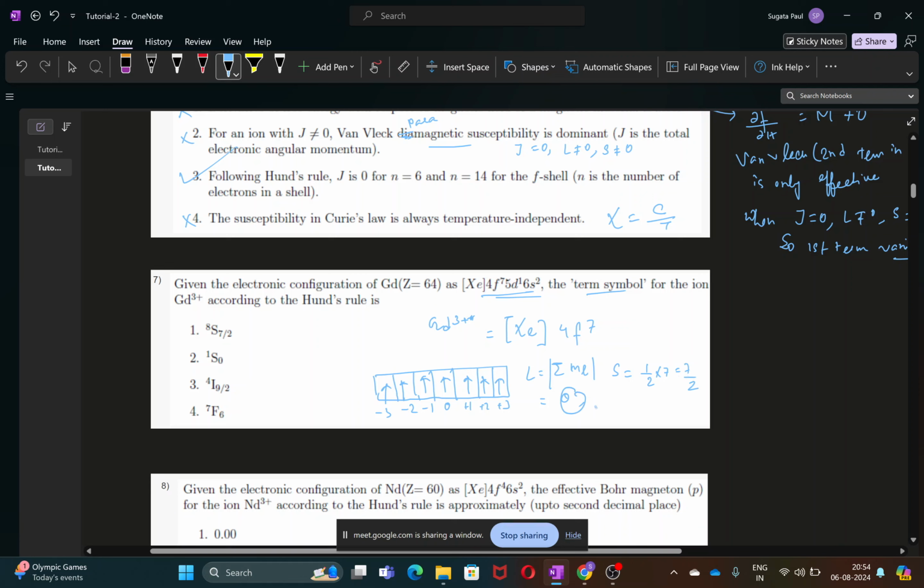If L equals 0, you know that happens when the term symbol becomes capital S, because you probably remember that L equals 0, 1, 2, 3, 4 and further ahead.